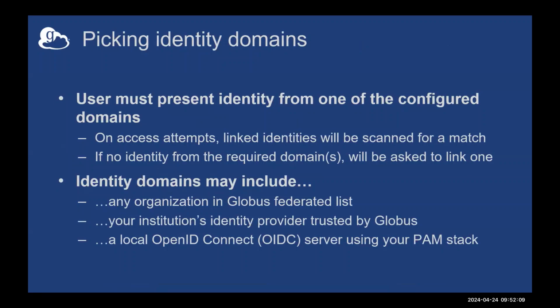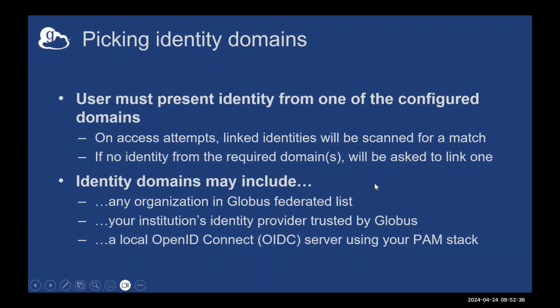A user can have multiple identities. We had a discussion in the chat about linked identities. On access, if they are primarily authenticated with a different identity, but they have a linked one, linked identities will be scanned for a match. If no identity from the required domain is found, the user will be asked to link one or not.